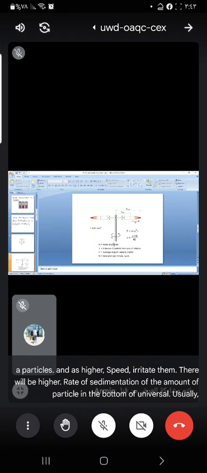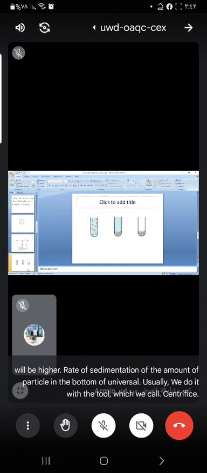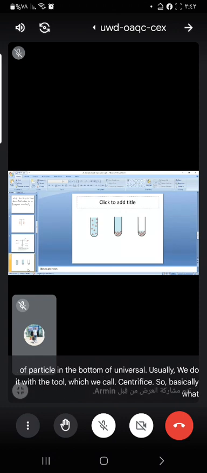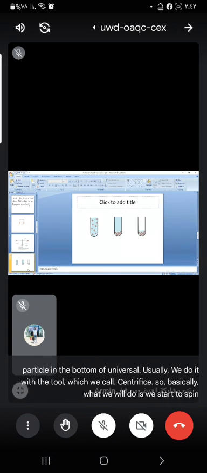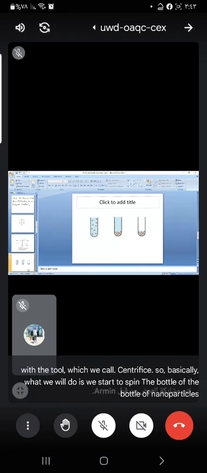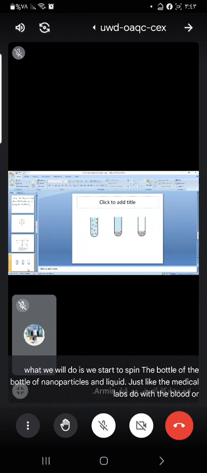Usually we do it with the tool which we call a centrifuge. So basically, what we will do is we start to spin the bottle of nanoparticles and liquid, just like the medical labs do with blood or body serum.